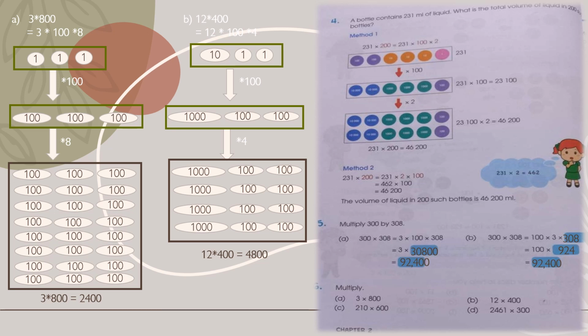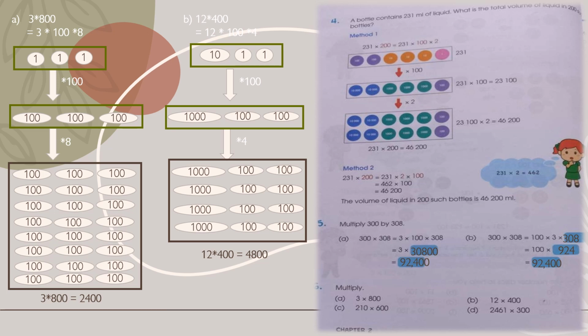In question 5, we have to multiply 300 by 308. First, we break up 300 into 3 and 100. So we have 3 into 100 into 308. In the first part, we have multiplied 100 and 308 first. So we have 3 into 30800.